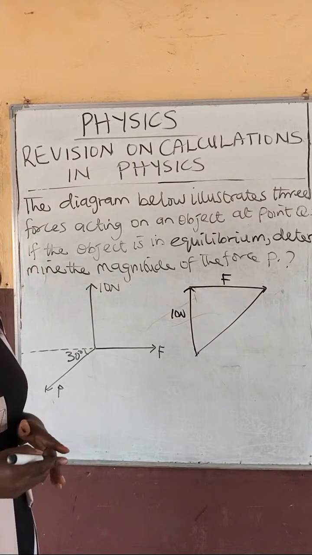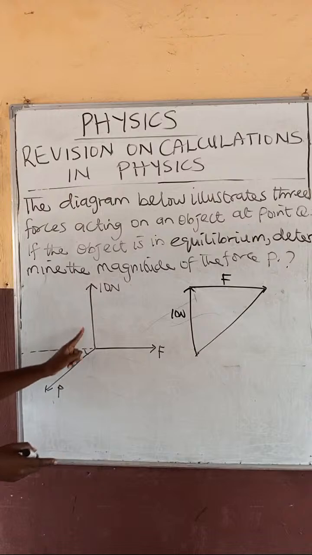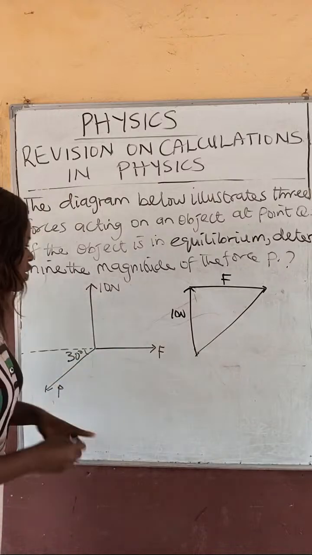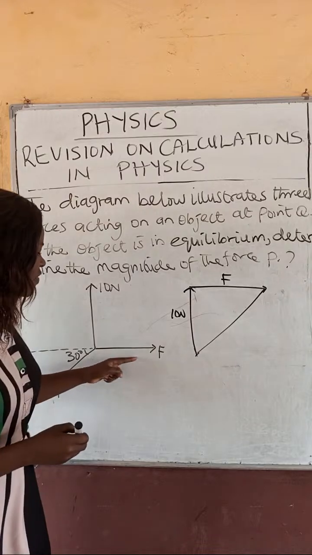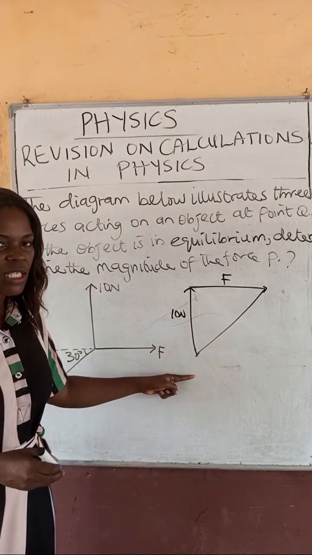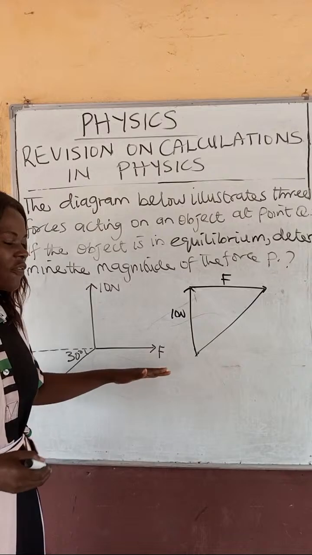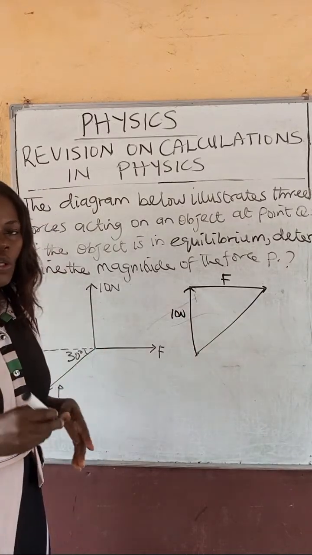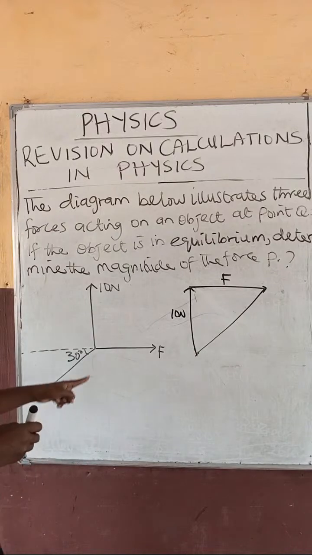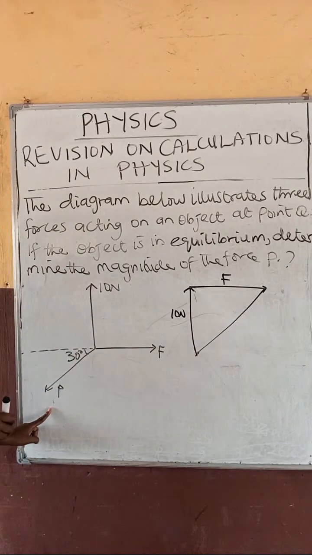Let me explain what I just did. The force of 10 Newton is acting up. I'll draw my vertical force acting up. Then the force F is acting horizontally. I said this horizontal force can be here, can also be here, but its position will depend on the position of this second force.